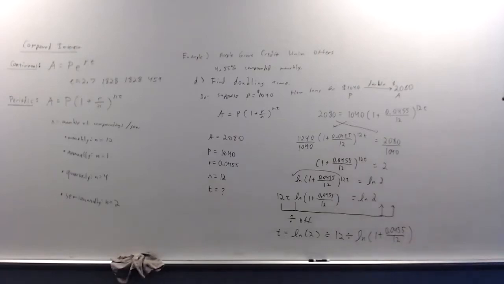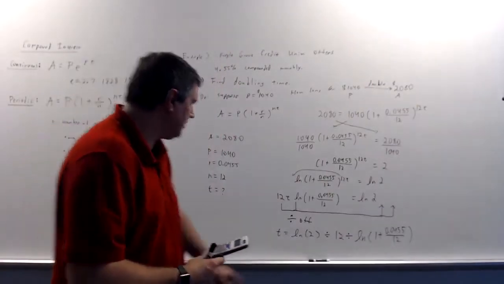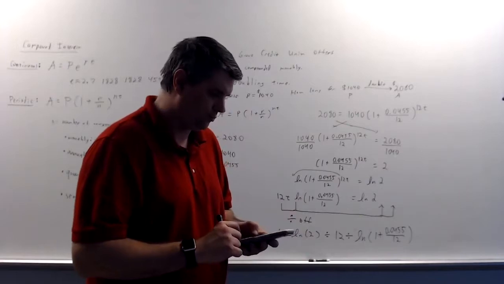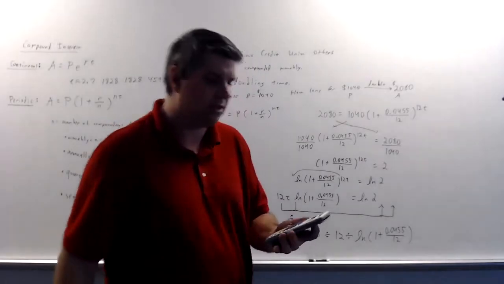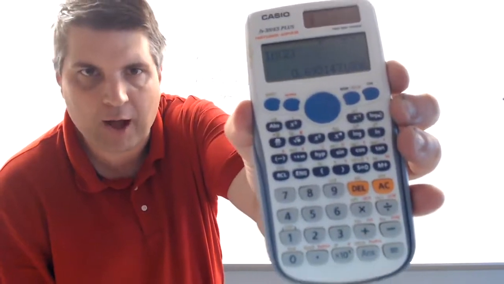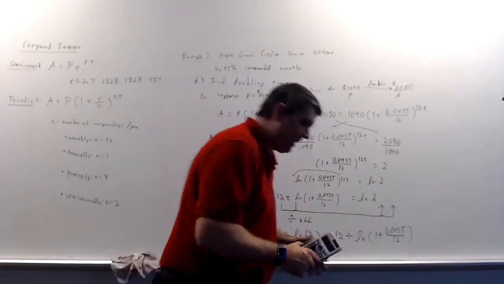Okay, so I'll whip out my calculator. I'll take the natural log of 2 and hit enter or equal. I am looking at 0.693 blah blah blah. Now, with that number still in my calculator, divide by 12 and hit enter or equal.